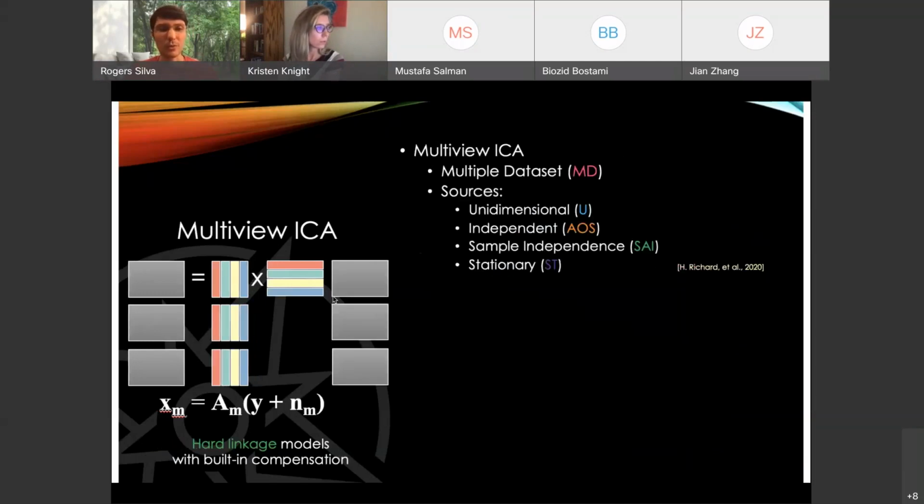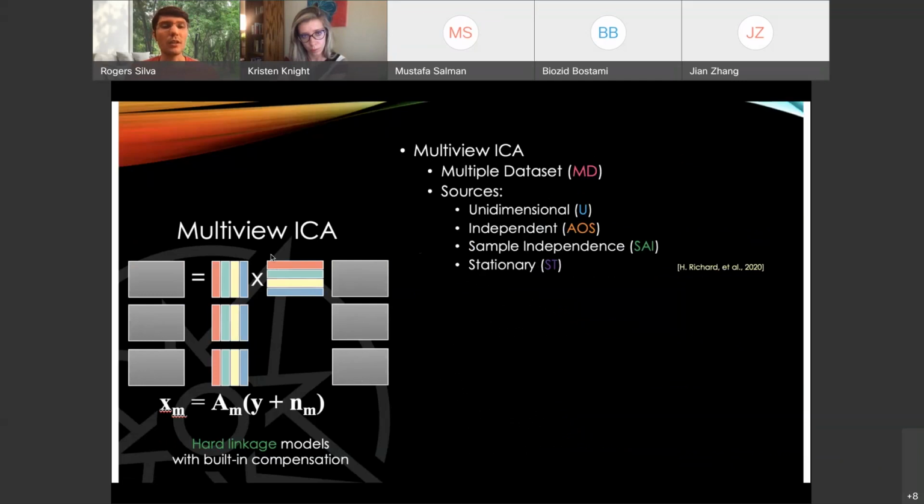And for comparison with Multiview ICA, the idea is that I forgot to put parentheses on this figure, but all right. The idea is that the sources now have an additive noise to them.